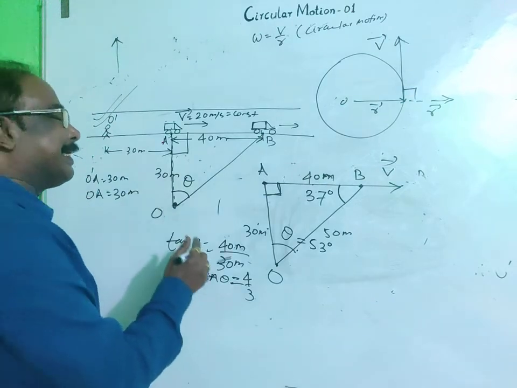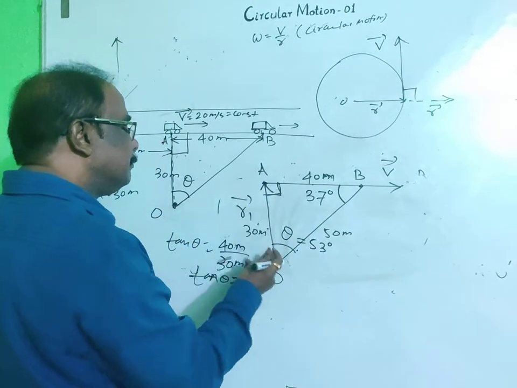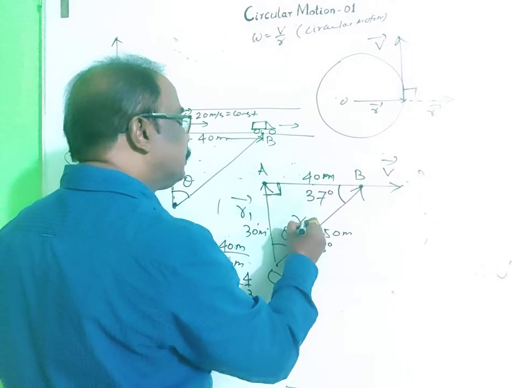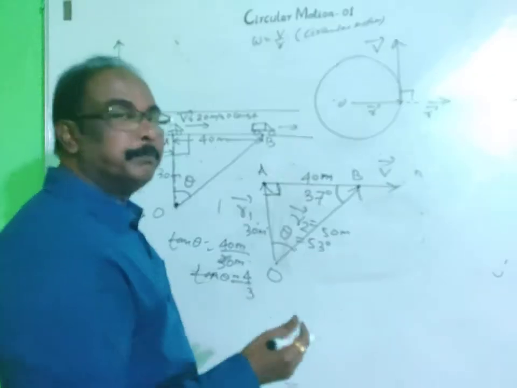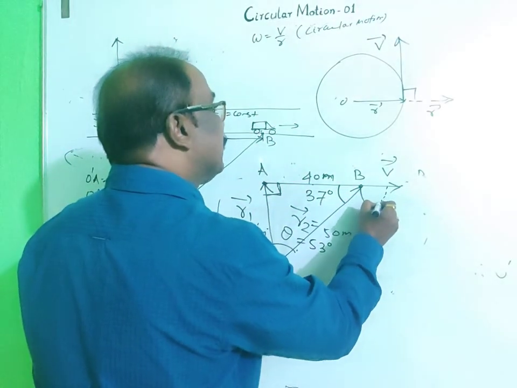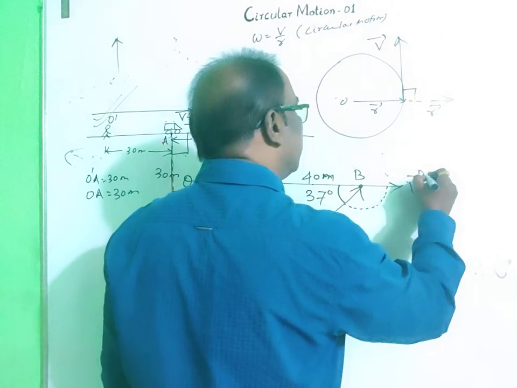Okay. So in this case, this was position vector R1, 30 meter, and for position B, this is position vector R2, 50 meter. But in this case, the velocity is not perpendicular to the direction of the position vector. This is the direction of velocity.